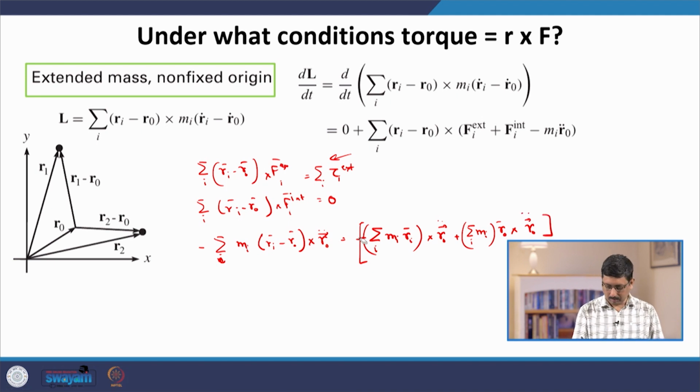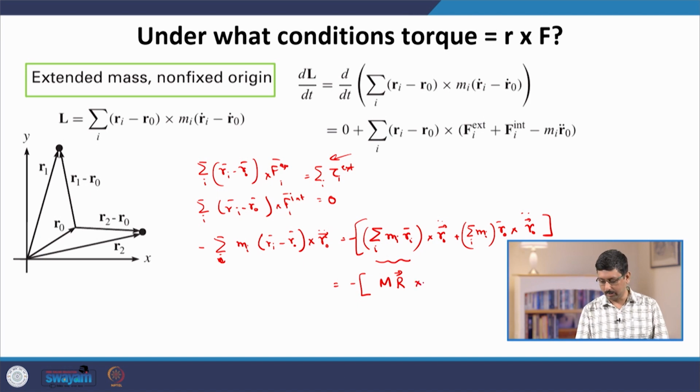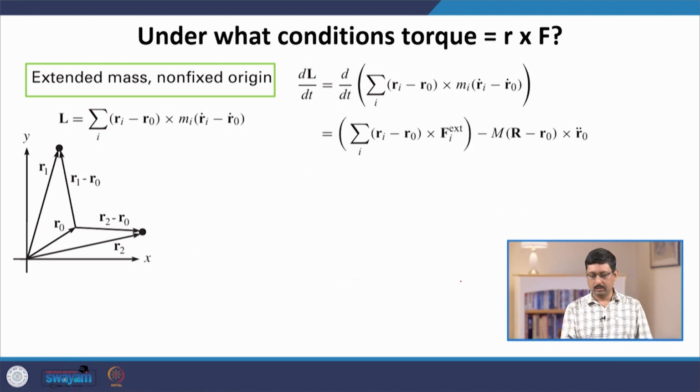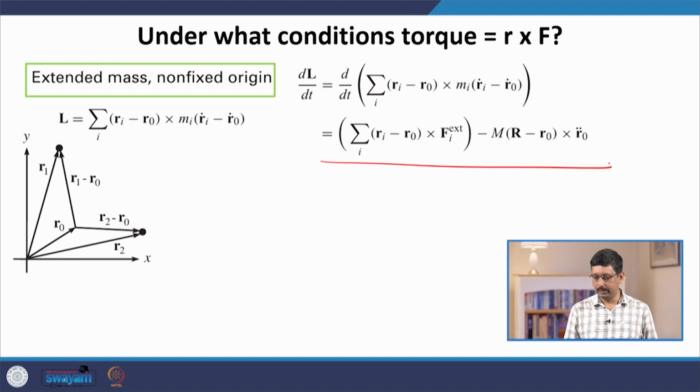In this case, if I recall the center of mass definition, this one is nothing but the total mass of the system times the position of the center of mass, and the second term is nothing but the total mass of the system times r_0 cross R double dot, so this is a minus sign.